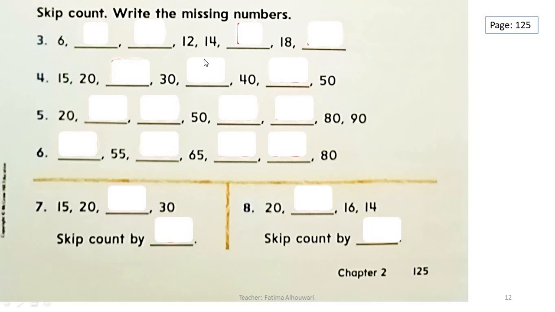If so, you're totally right, grade 2. So, we should skip count by 2. If we start with 6, the next numbers are 8, 10, 12, 40, 60, 80, and 20. That's it. Great job, grade 2.